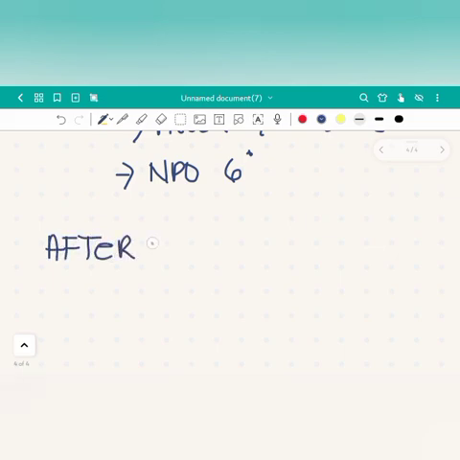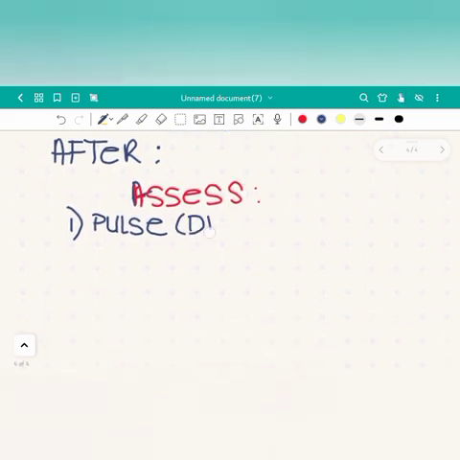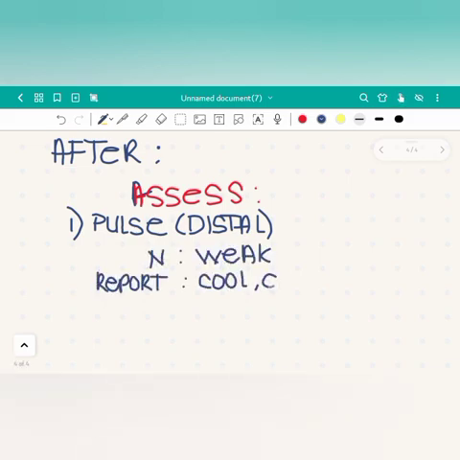And after the procedure, we should assess the pulse and the distal insertion site of the catheter. It is normal kung weak yung pulse, and report if it is cold, cool, pale extremity.